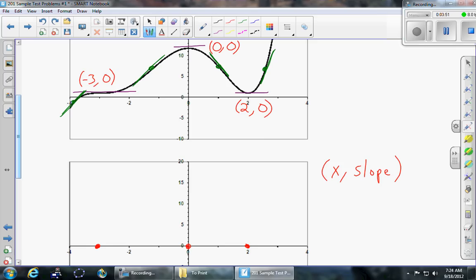And so if we're just making up numbers, I won't even be specific with these numbers. I'll just say that over here, it's some x and then some positive slope. And then the next green line is another x and some positive slope. And the next green line, some x and then a negative slope. And then finally, this one is positive again.